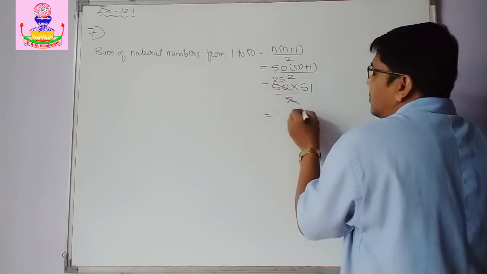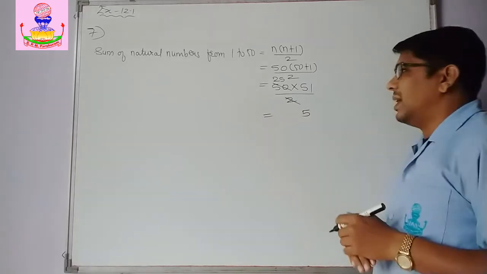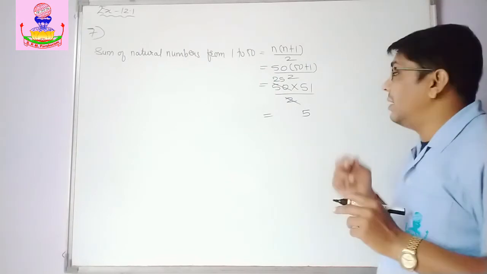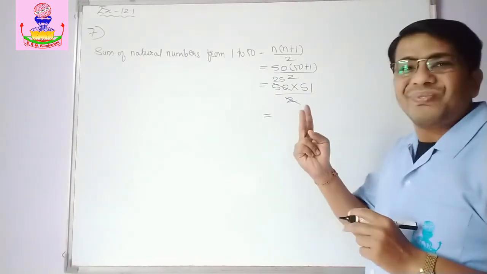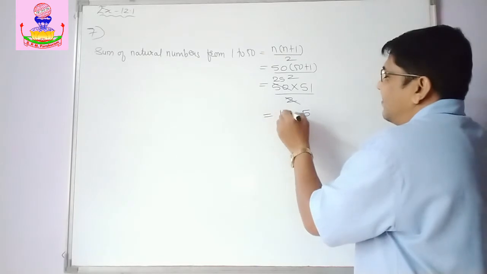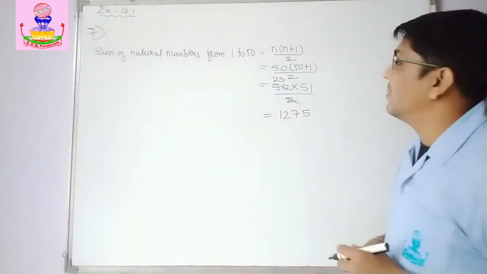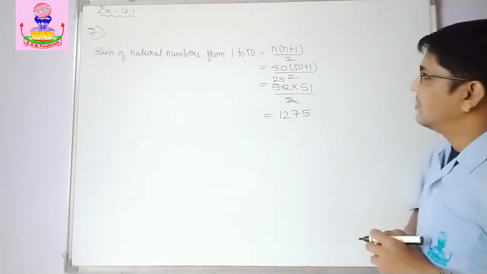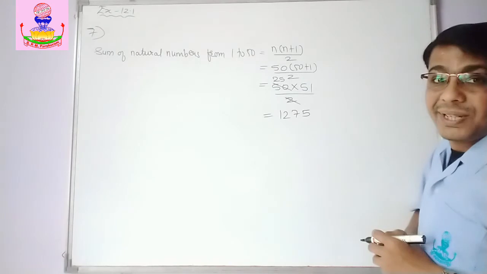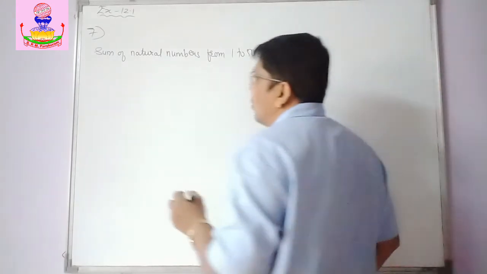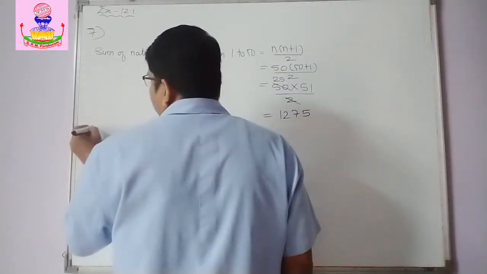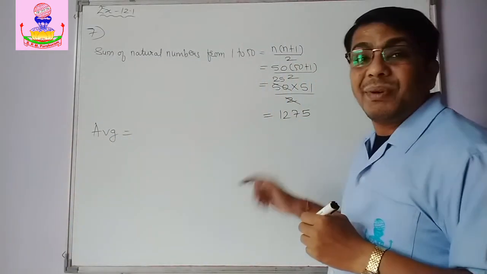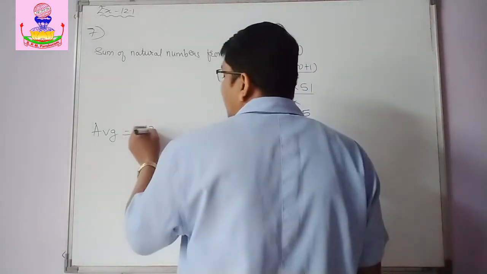2 ones are 2, 25s are 25. 25 ones are 25. 2 carry on. 25 5s are 125. 125 plus 2, 127. So 1275. Okay, that is the sum of 1 to 50 natural numbers. So average is equal to sum divided by total numbers.